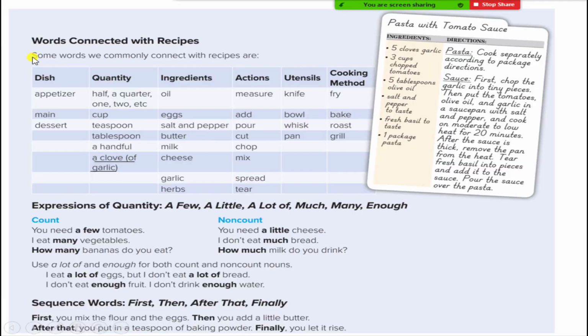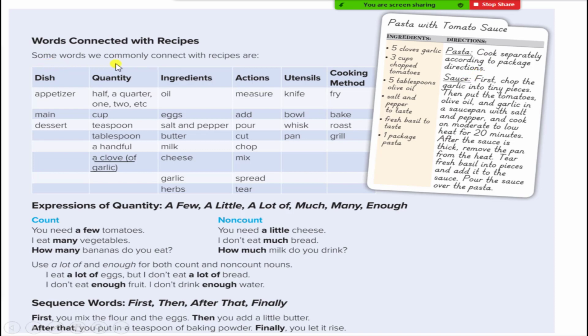Now, words connected with recipes. This is the recipe if you want to make food or to cook a certain type of food. You use this recipe. So recipe means the way you cook or prepare a food.